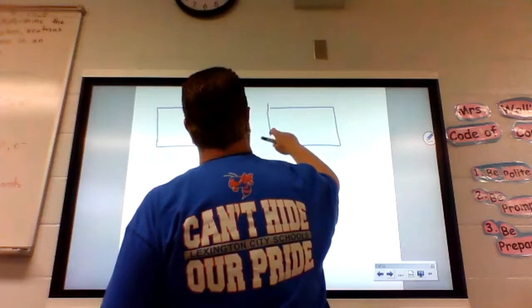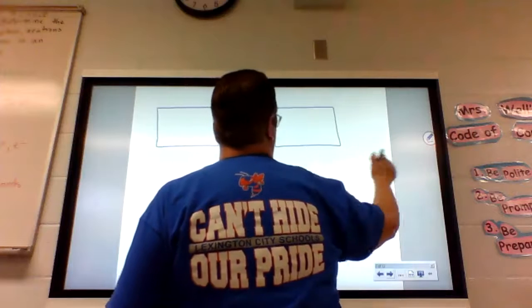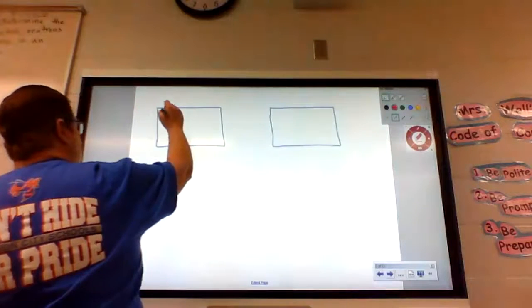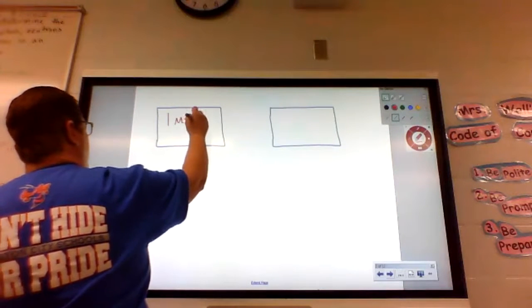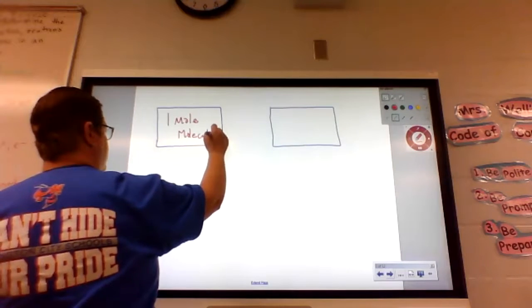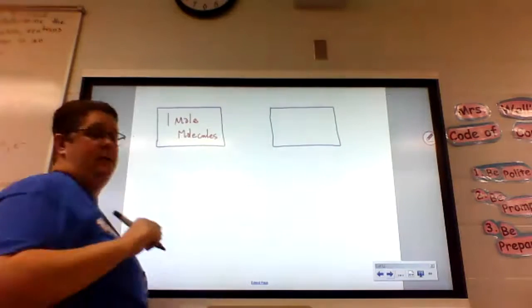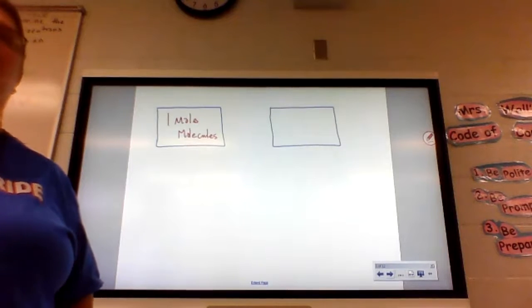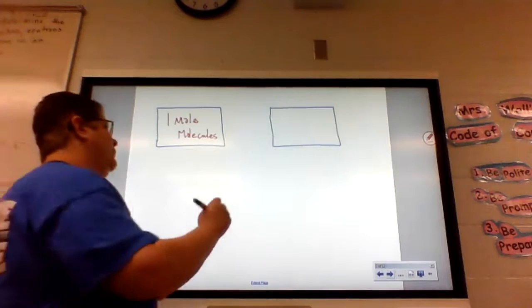All right. So let's say for a second, since we're talking about Avogadro, that he put 1 mole of molecules in here. Since we're talking about 1 mole of molecules, how many molecules is that? 6.022 times 10 to the 23rd.